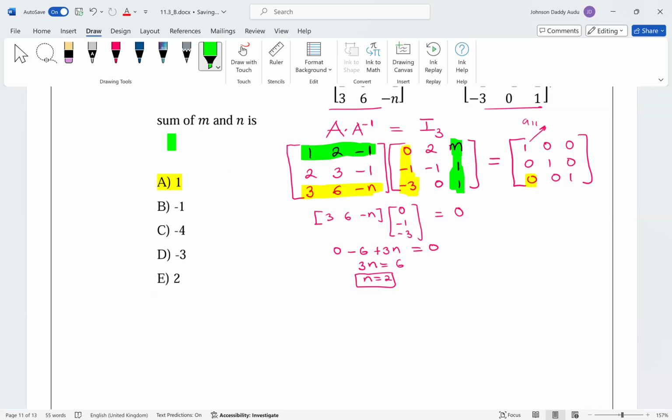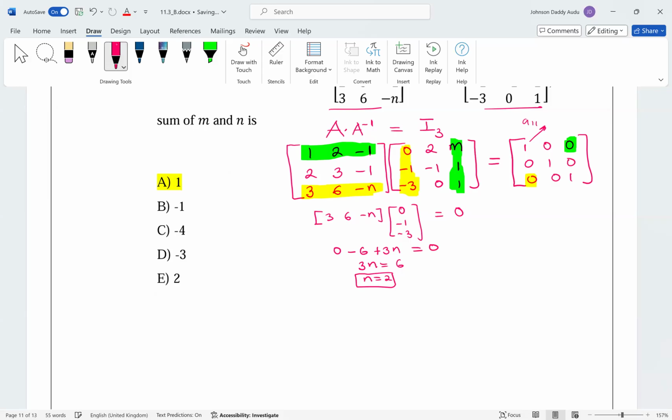So this is first row, third column. Since you have first row, third column, it should give you A13. It should also give you 0. So you can use that one.